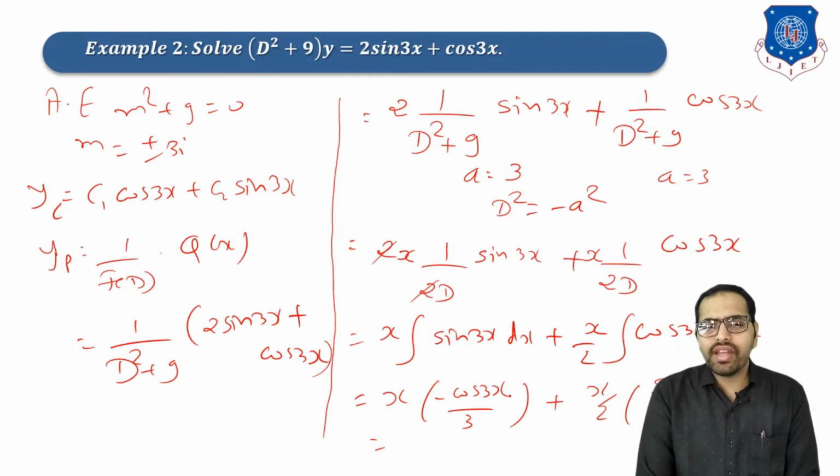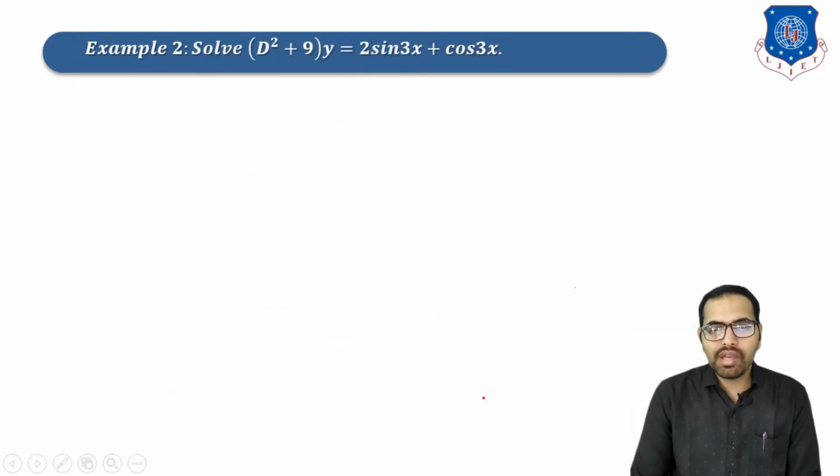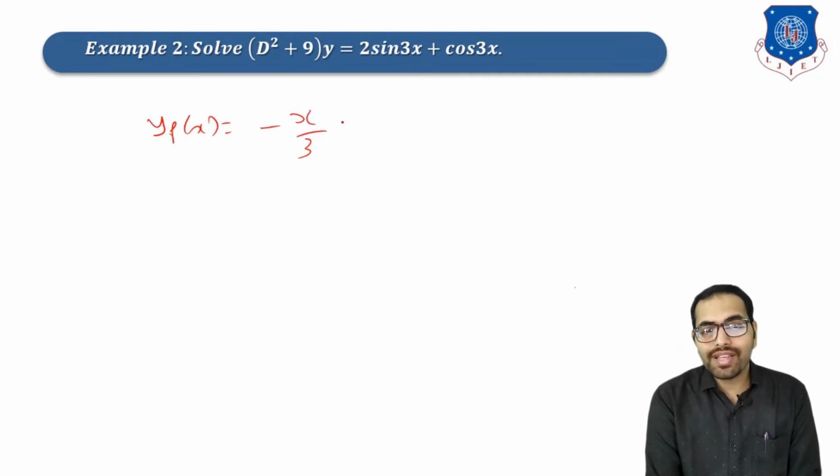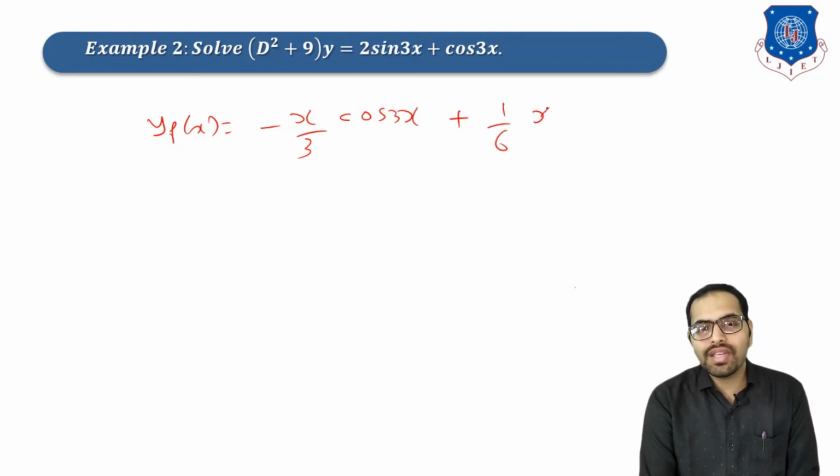Now simplify those terms, then yp(x) = −x/3 cos 3x + 1/6 x sin 3x.